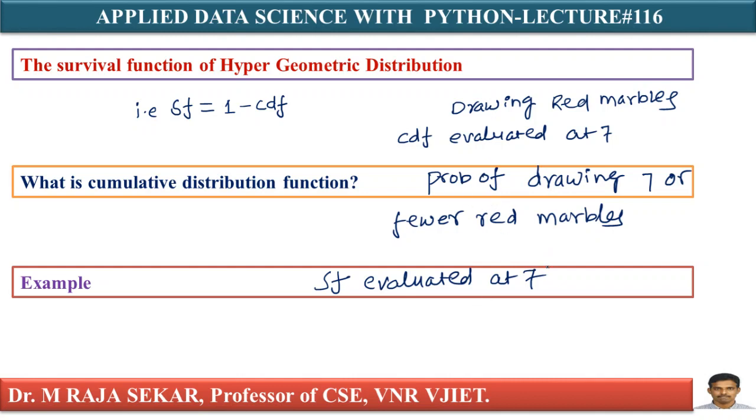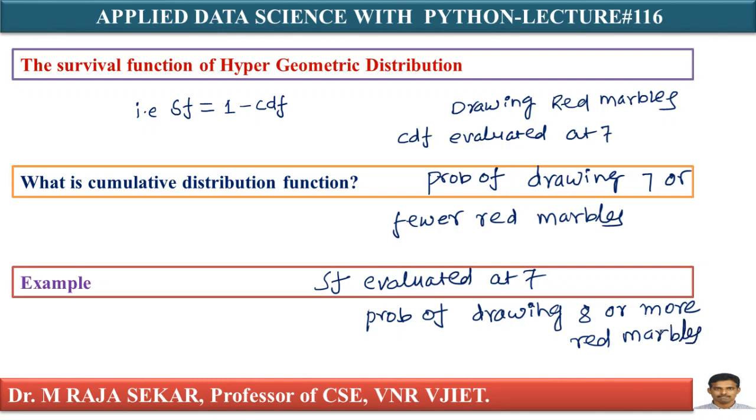SF evaluated at 7 is the probability of drawing what? 7 or fewer means I must take 8 or more, isn't it? Therefore, it is the probability of drawing 8 or more red marbles. Simply, it's the opposite of your CDF.